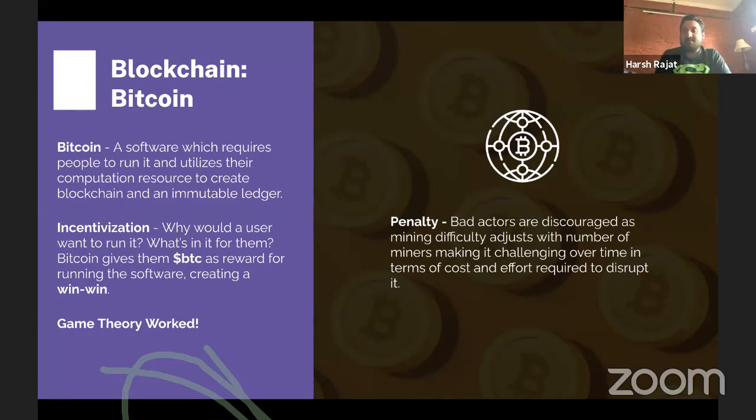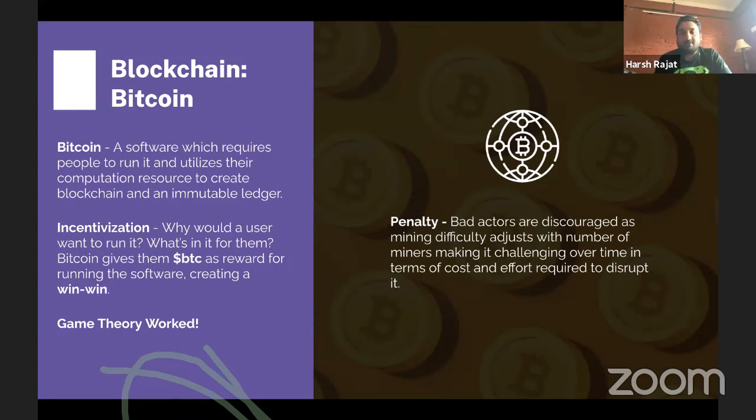Penalizing bad actors is a bit different over here, and it's actually very clever. When Bitcoin was created, the people behind it knew that the computing power Bitcoin would have in the beginning would be very minimal, and as the network becomes better and better, the computing power will increase.